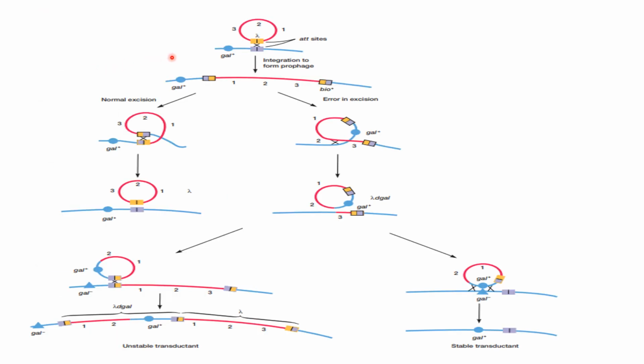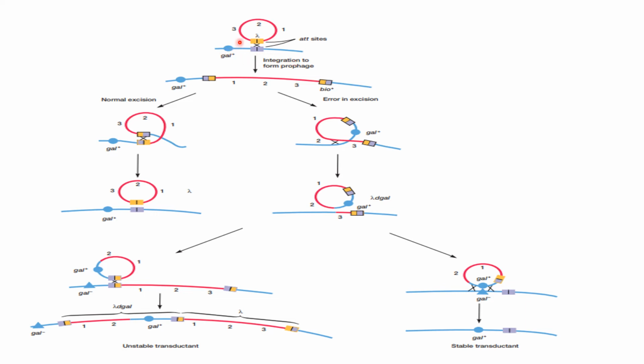Now, for those who want to know more about specialized transduction, I have included this slide. For others, you may omit this slide if it is confusing. Okay. Now, what has been shown here is, the red color circle is the phage gene and the blue color one is the bacterial gene.